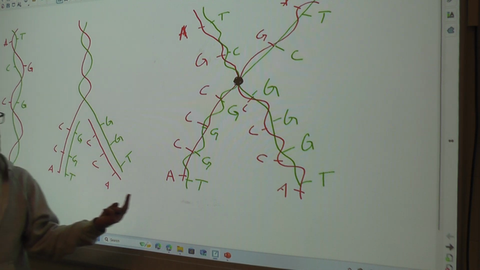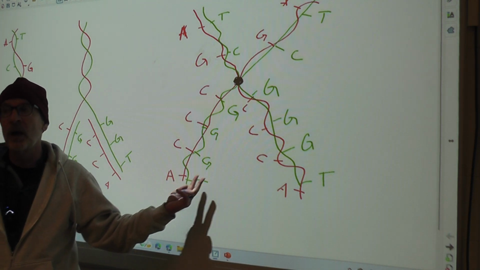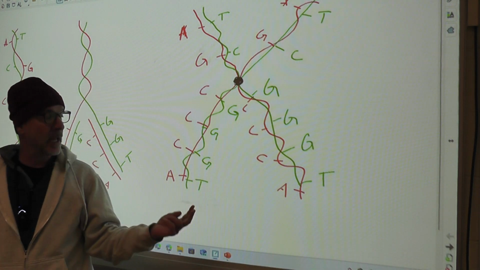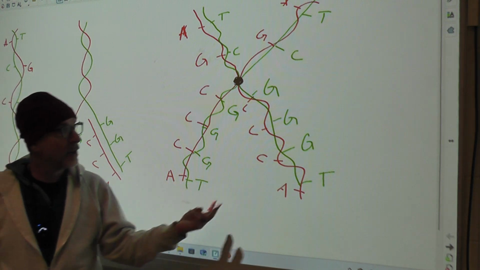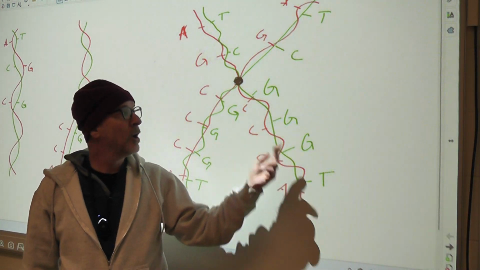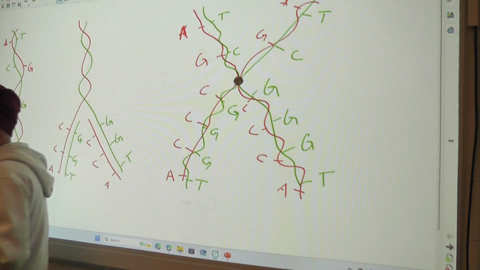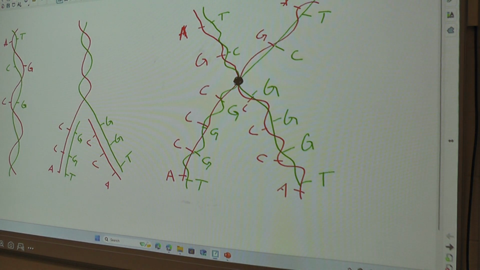We end up with four complementary strands of DNA. These two are complementary, these two are complementary, these two are the same as these two, but they're hooked together in the center. This is what happens after DNA replicates.